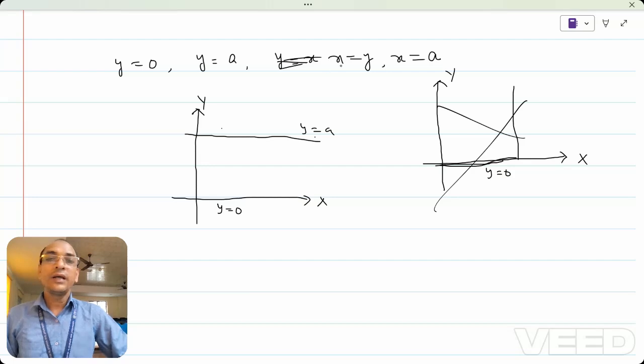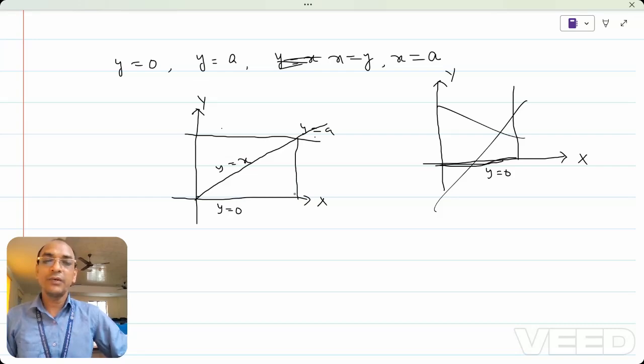Then x equal to y is the line x equal to y. Then x equal to a will be this line. So this is your x equal to a, and this is the point 0 comma 0.